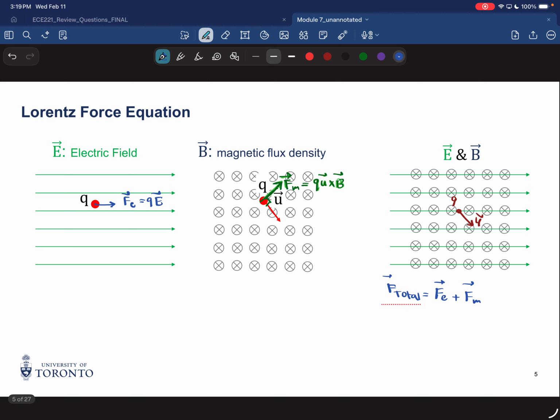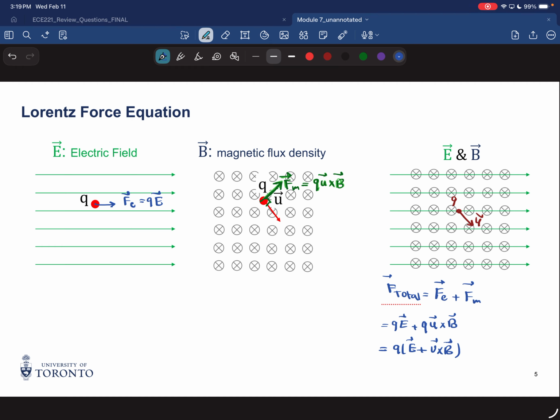And now we know that this is QE plus QU cross B. That's Q times E plus U cross B.